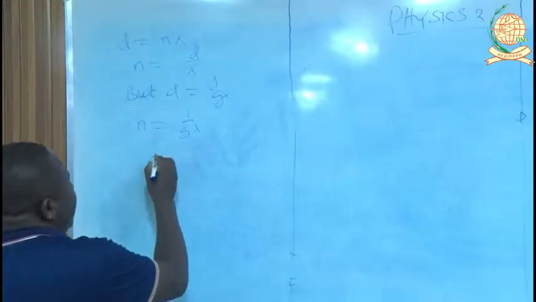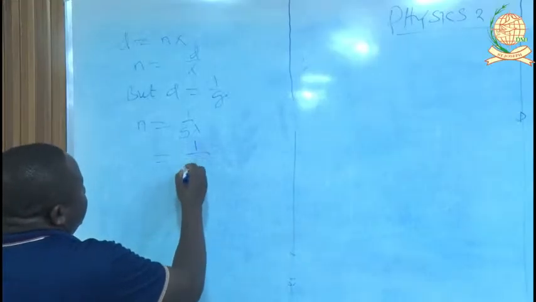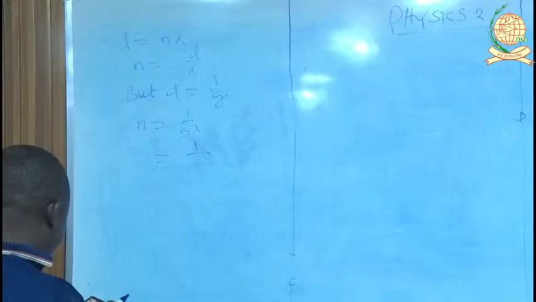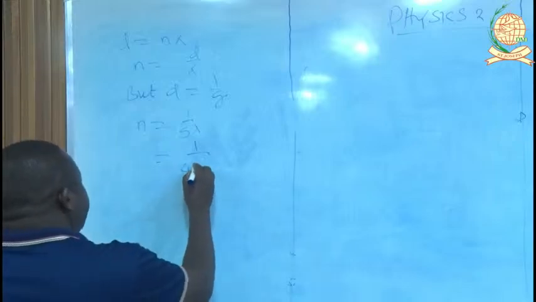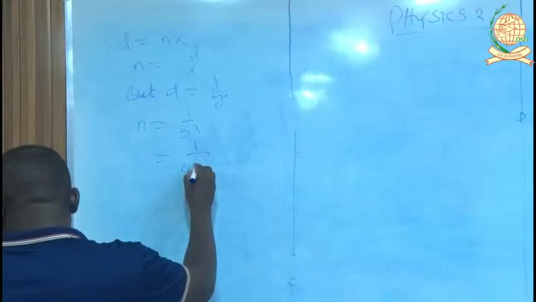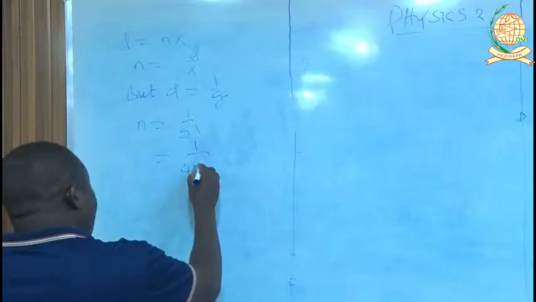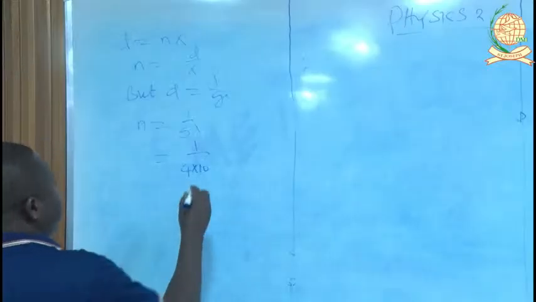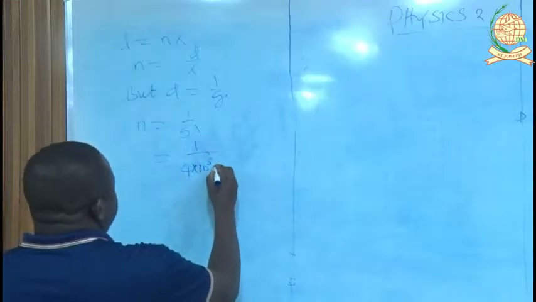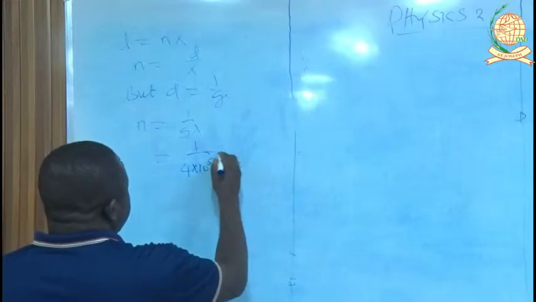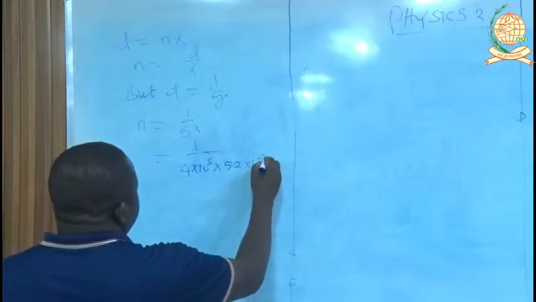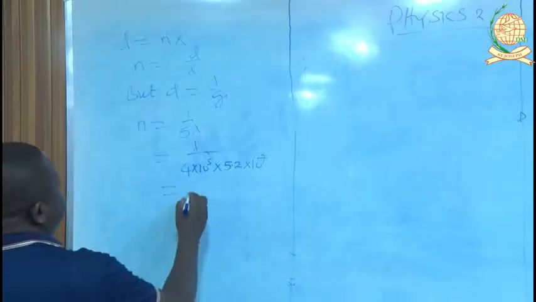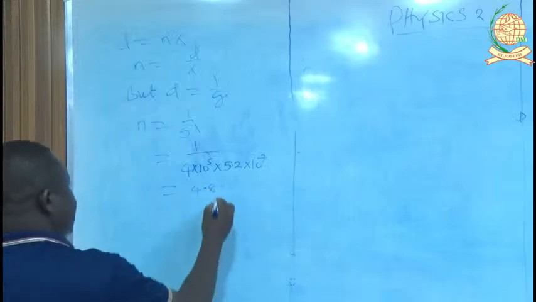So now I have everything: G is 4 times 10 to the 3 lines per centimeter, but if you want per meter, this is times 10 to the 5, times 5.2 times 10 negative 7. On calculation, you get 4.8 something.